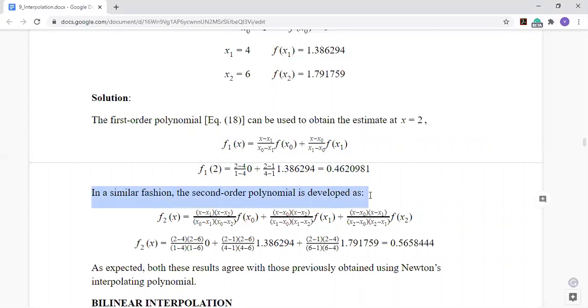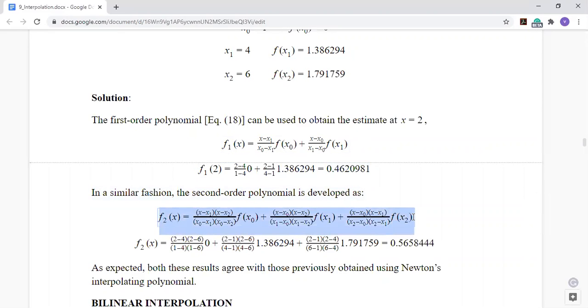Then using the second order Lagrange polynomial, this is the equation we derived. Putting all the values, given to us in the question, you arrive at this.